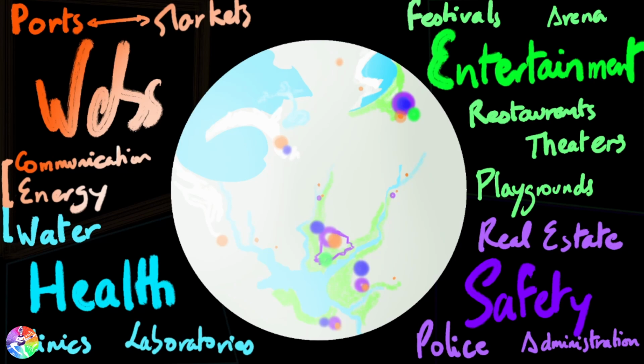Now, for the green, we only have two locations in green, and they look smaller than on the other two maps. That's an important indication as well, because on the other two maps, all the entertainment was focused on one specific point. You know, the larger cities, the capitals, were regrouping all the entertainment in one large area.